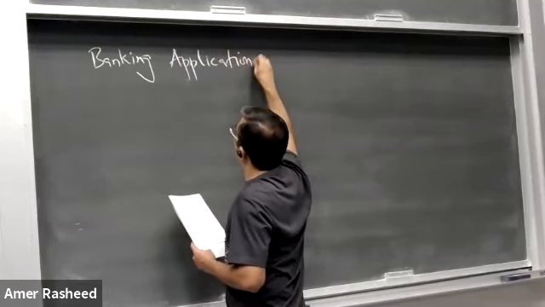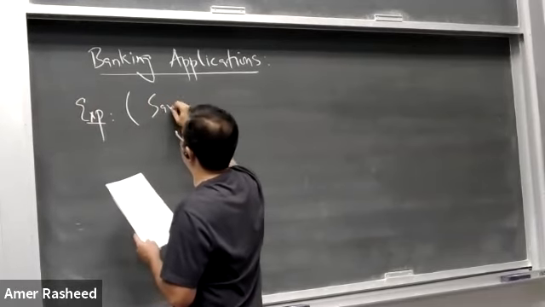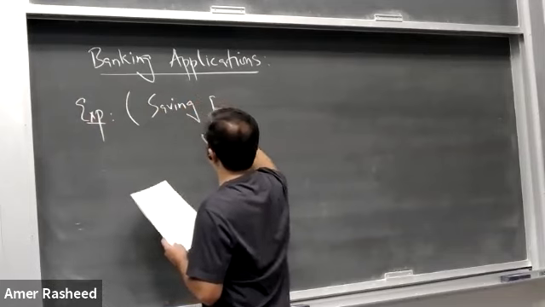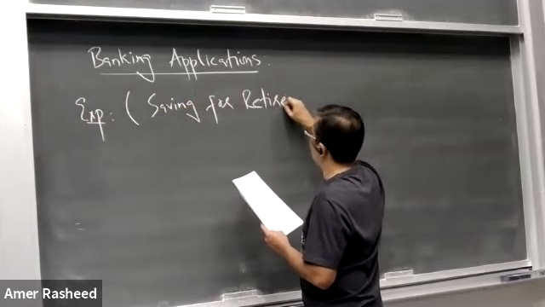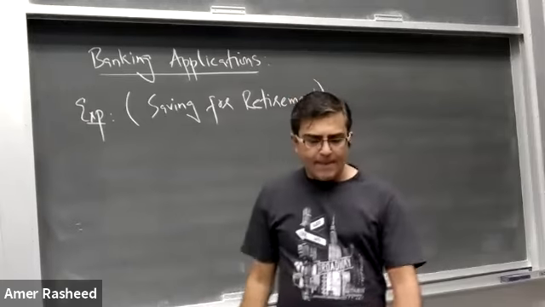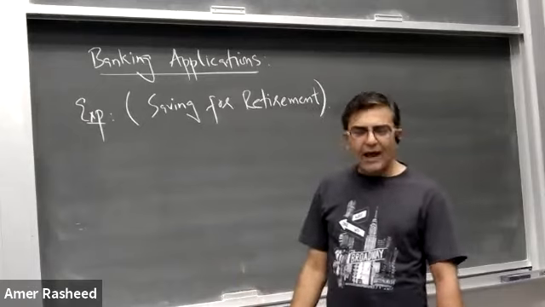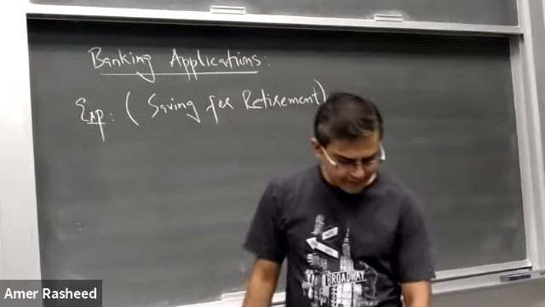For example, saving for retirement. I'm doing a job. I'll be retired after maybe 15 years.